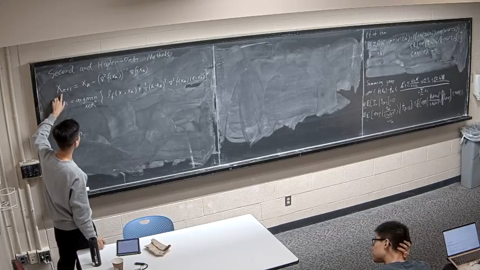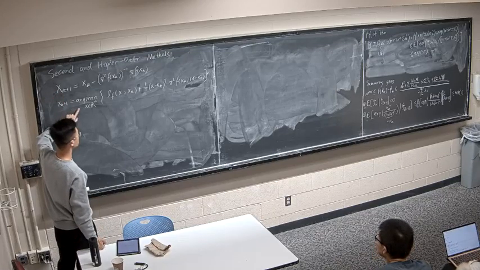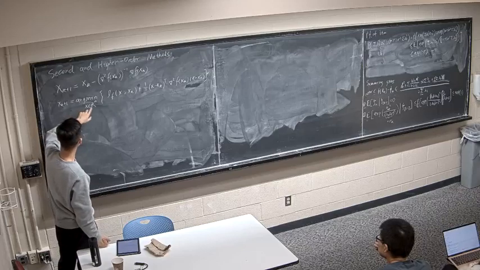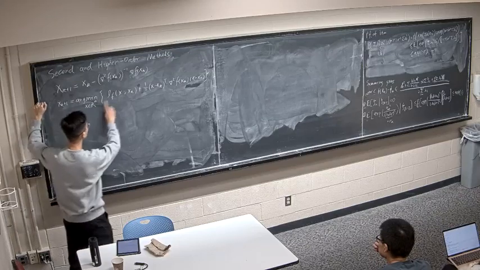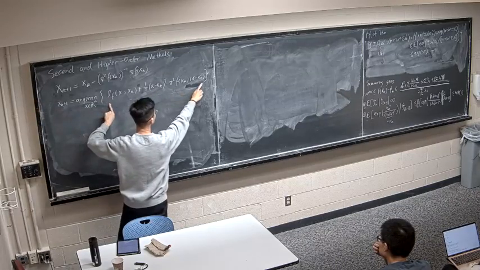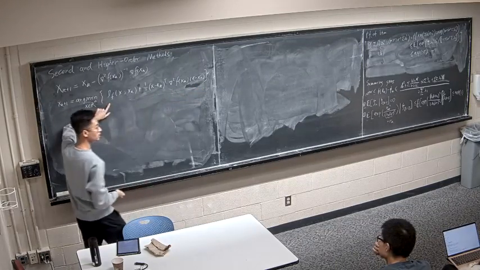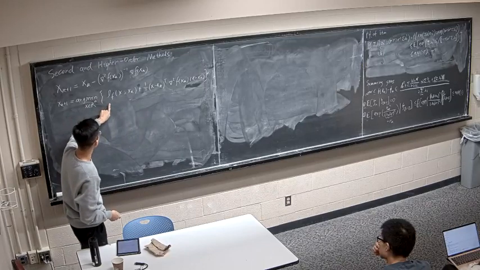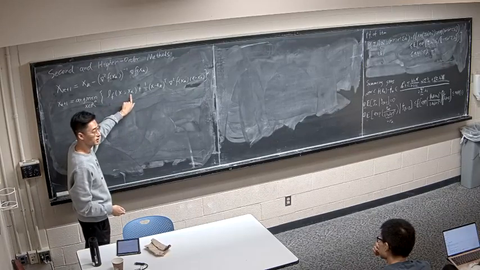But this update can also be reformulated as an argmin. What we are minimizing here is the linearization plus a quadratic term. Basically, this is like a second-order Taylor expansion of the function f around the point xk, right?